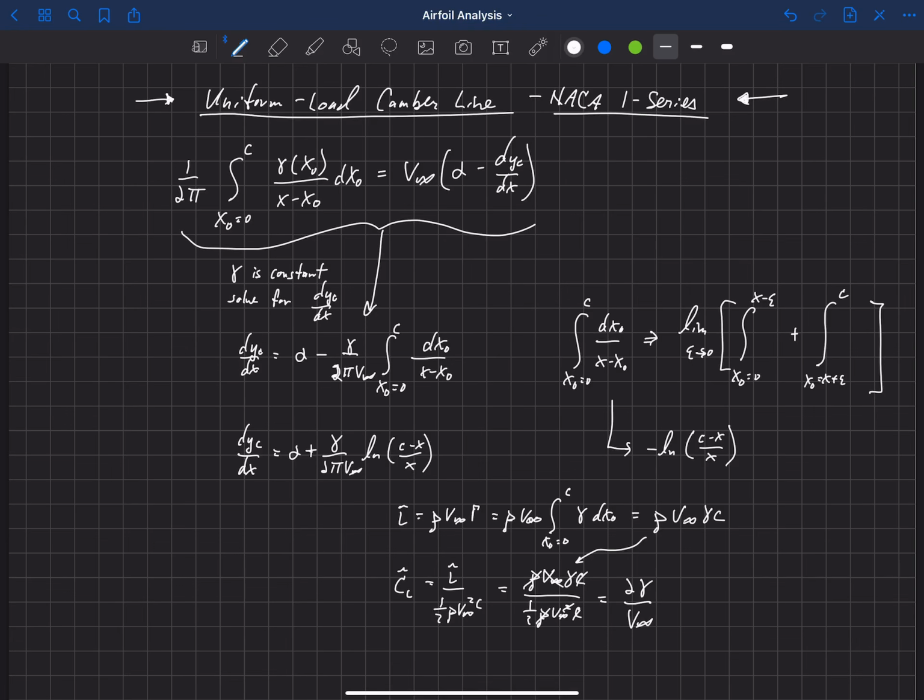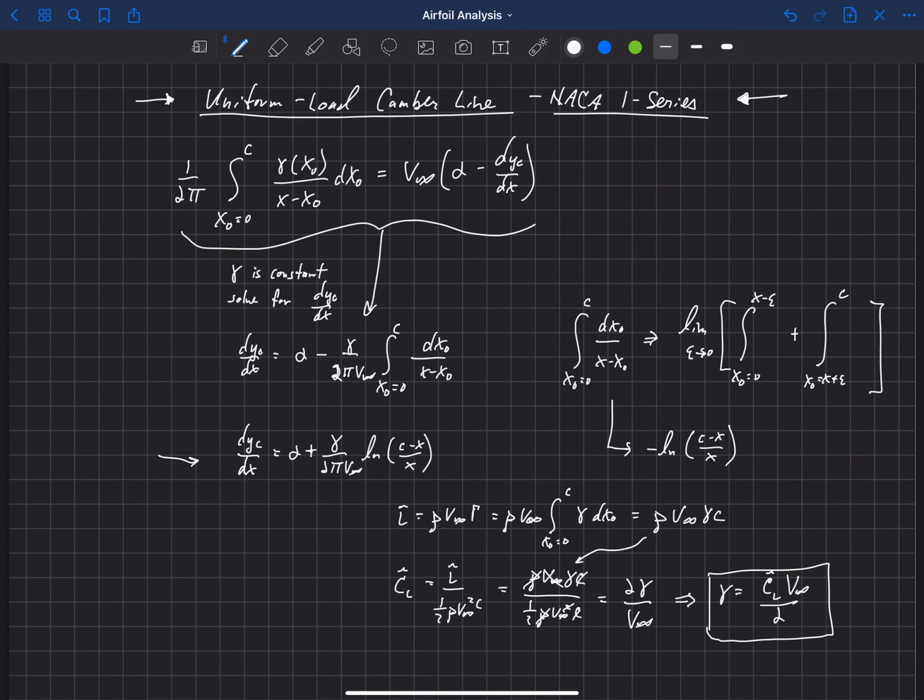That is equal to our lift coefficient, and so we can solve for gamma and say that gamma is equal to our lift coefficient times v infinity over 2. So instead of gamma in our equation, we can just put in the desired lift coefficient that we're looking for with this delta pressure.